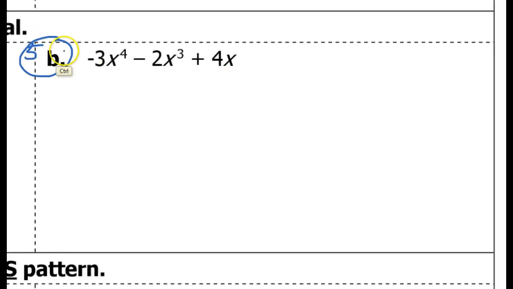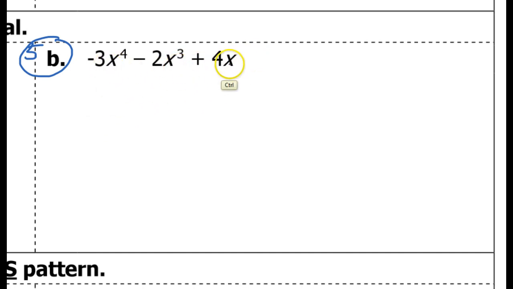Alright, in 5b, we're still trying to do a GCF. So, 3, 2, and 4, these numbers are not divisible by anything other than 1. So, forget about that. But look at the variables. Every term has a variable, so there's definitely going to be a GCF with variables.